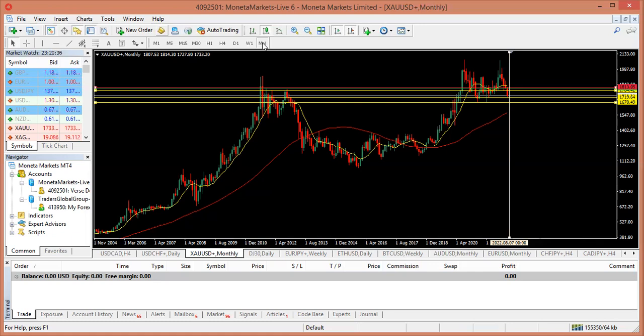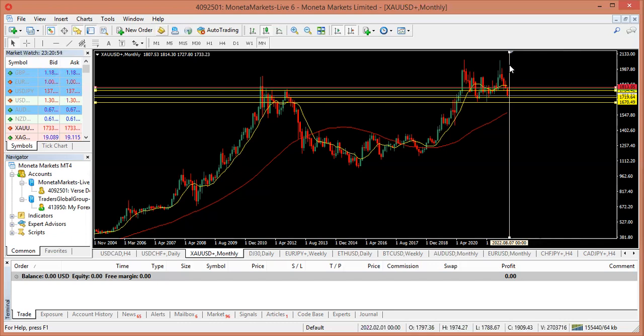Gold naturally tends to rise in Q4. Maybe if it didn't rise in September, October, it starts picking up in late November, December, and then January. Then around January, February it begins to fall down. And that was what actually happened here.